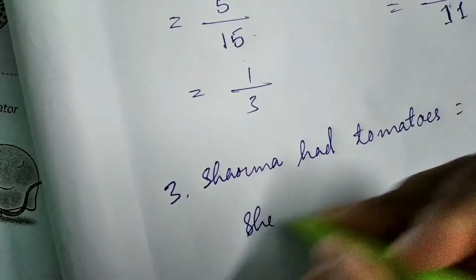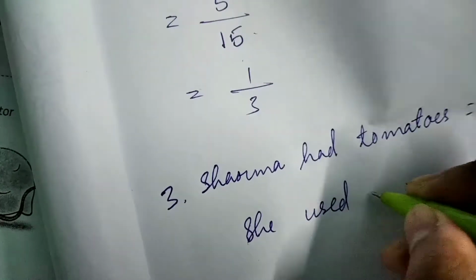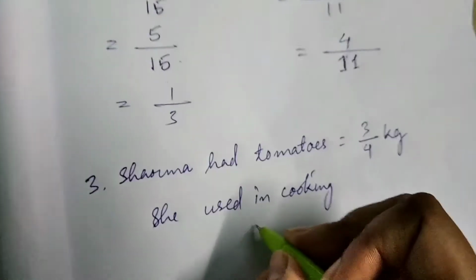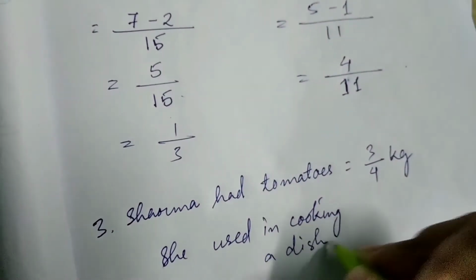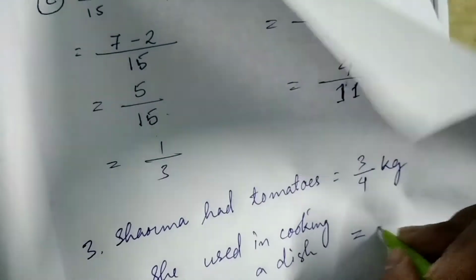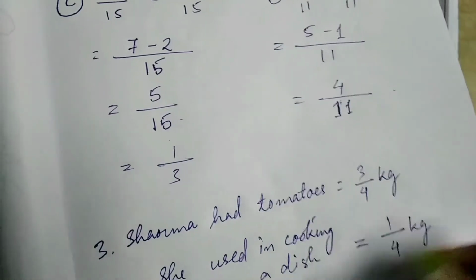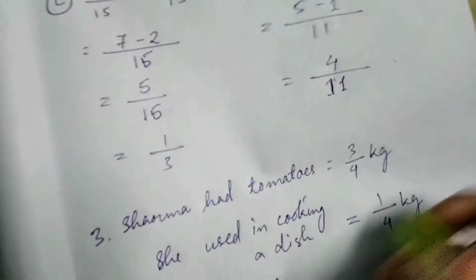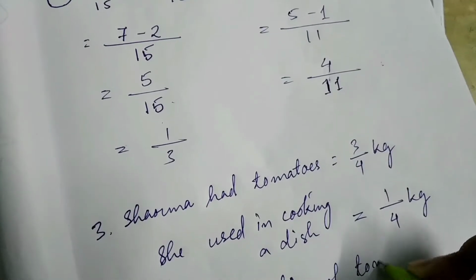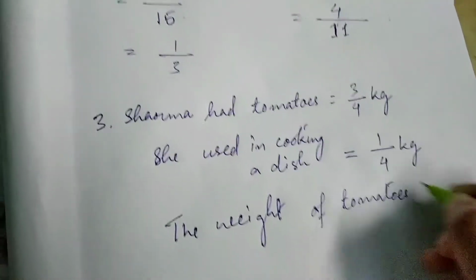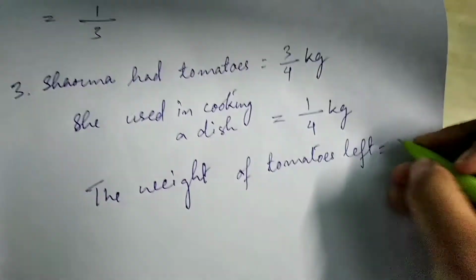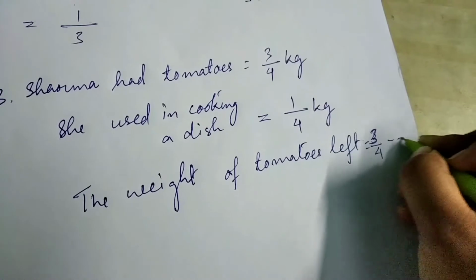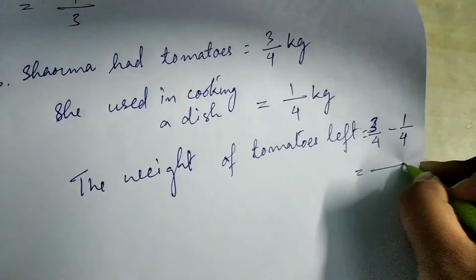She used in cooking a dish is equal to 1 by 4 kg. So the weight of tomatoes left is equal to 3 by 4 minus 1 by 4. So when you do it, you will get what?